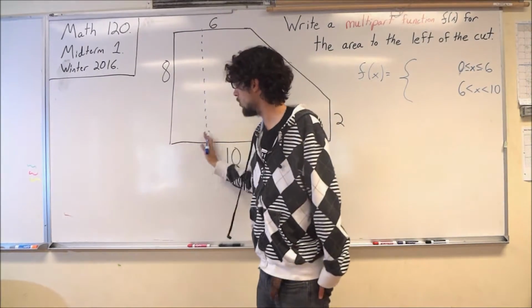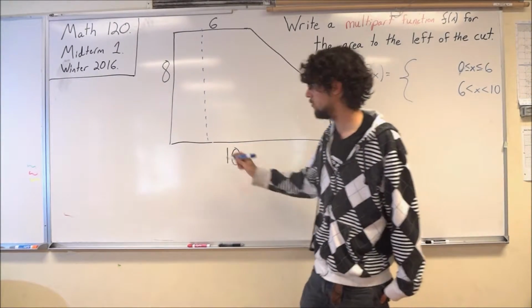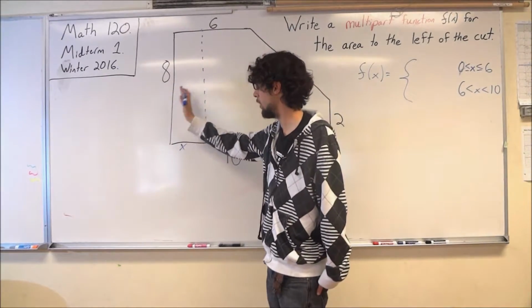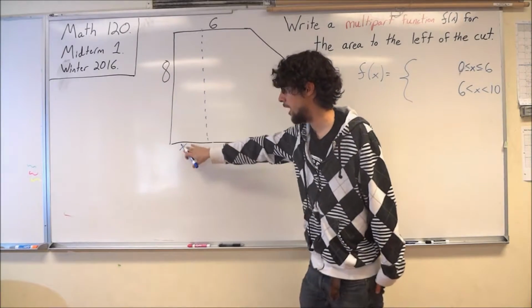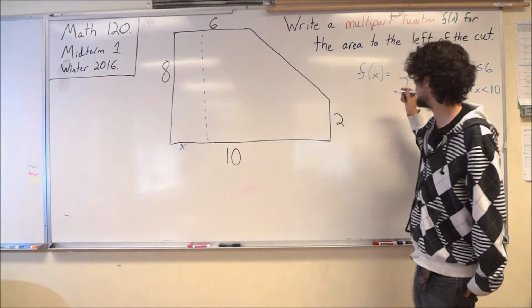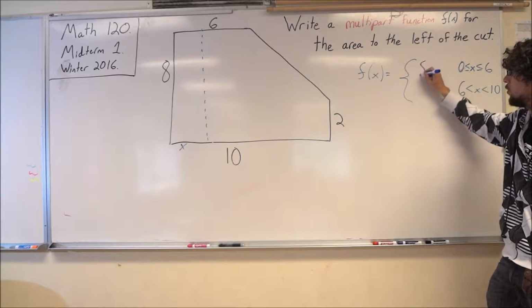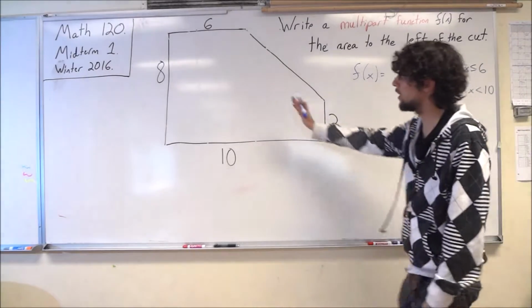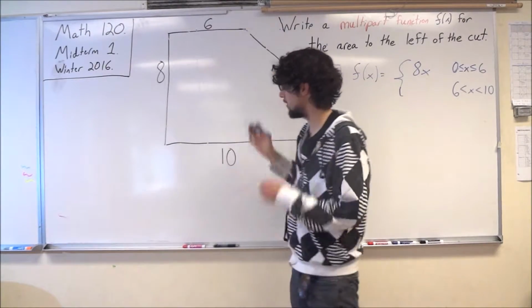And the width of this rectangle is x. If I cut the cake x inches away from the left-hand side, this rectangle has width x. So the area to the left of my cut will be simply 8x. So we've dealt with the cuts where x is less than 6.